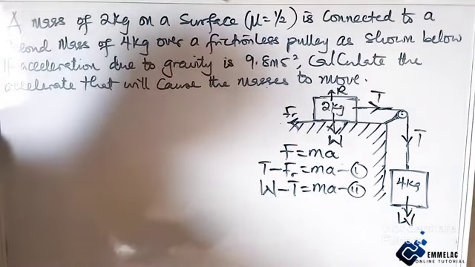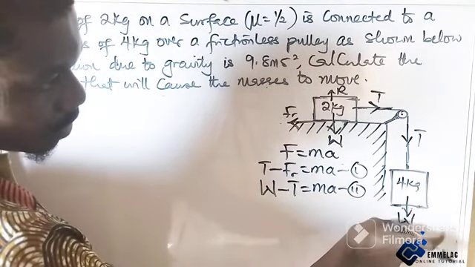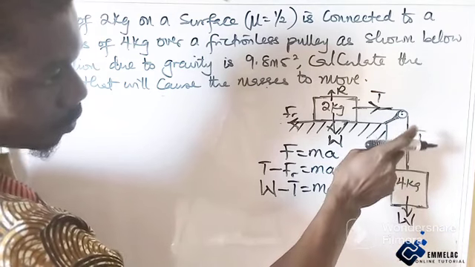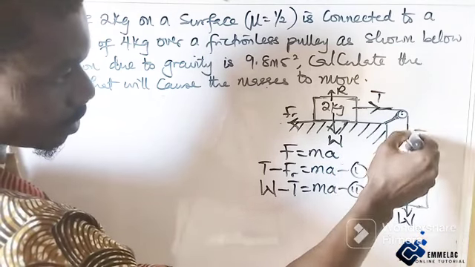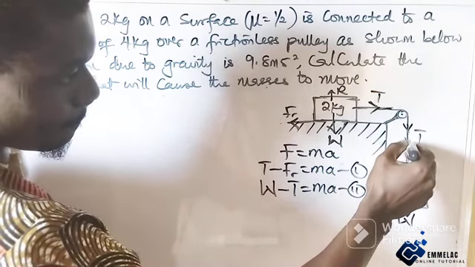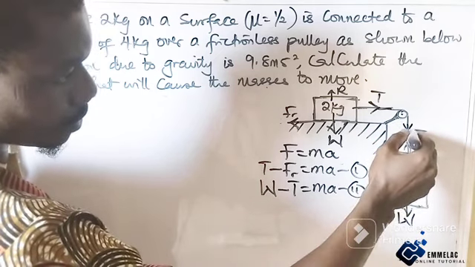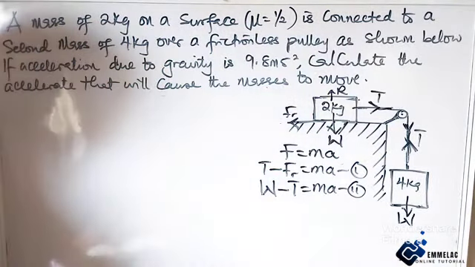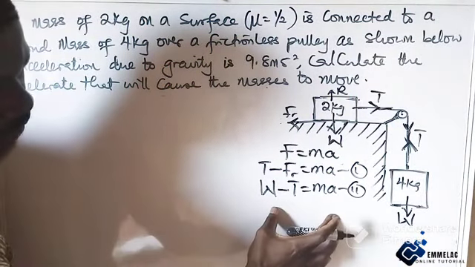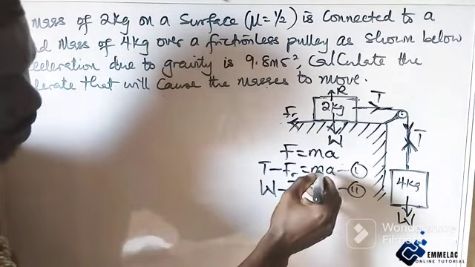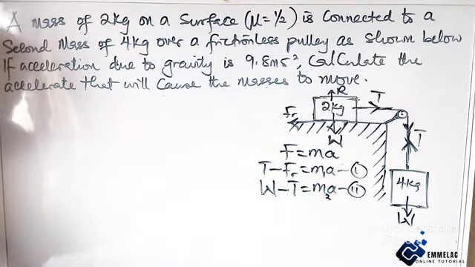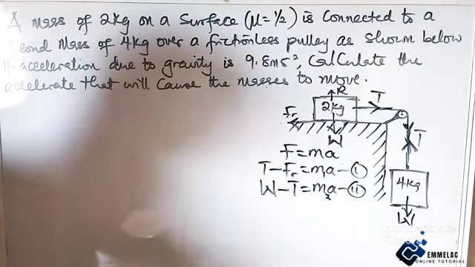Because at the same time, even as this is being pulled, there is also an upward force. So we have these two, and this is mass 1 and this is mass 2. Alright, so from here we can resolve.